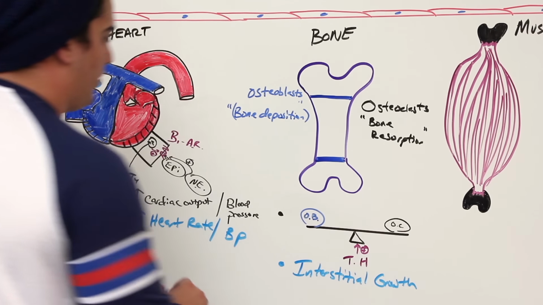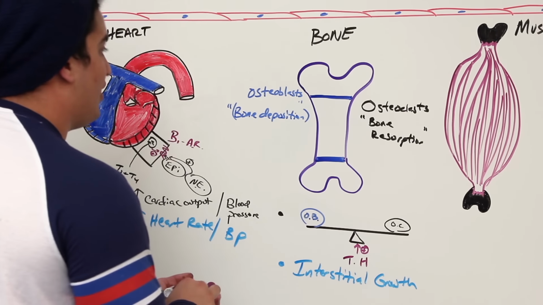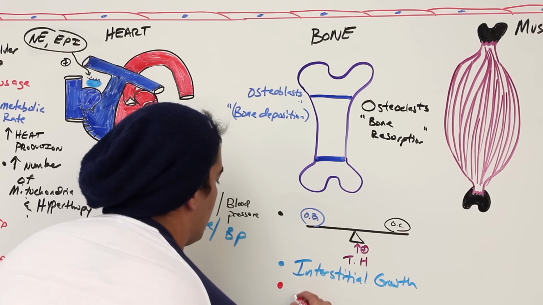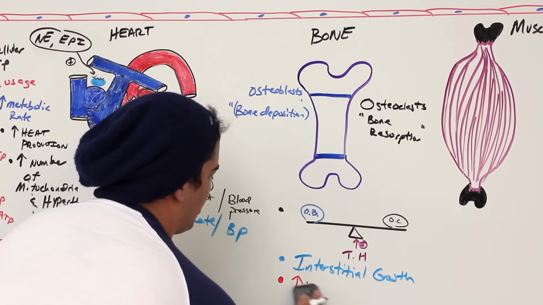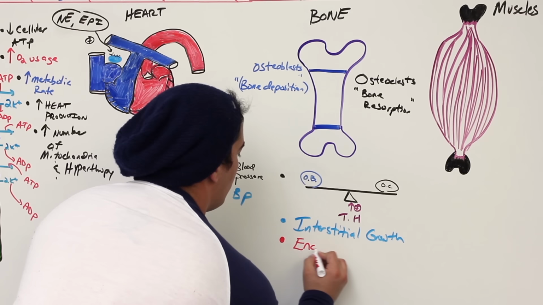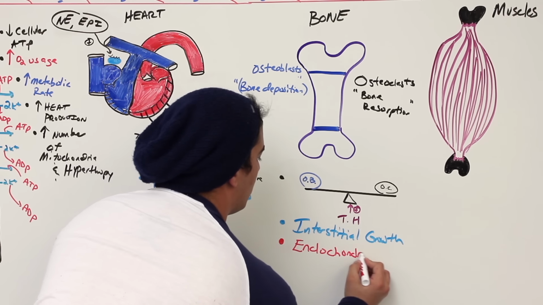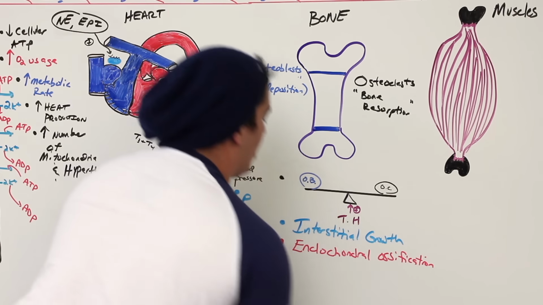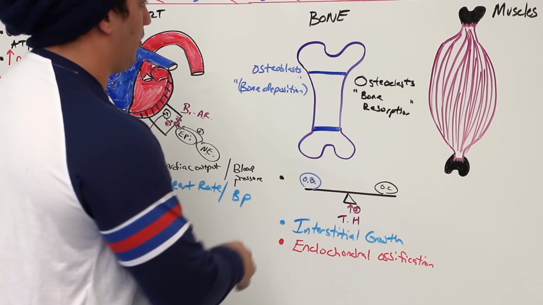We'll talk about that in more detail when we get into bone physiology. But in general, what is it doing here on the bone? We shouldn't say increasing. It's stimulating and regulating endochondral ossification.